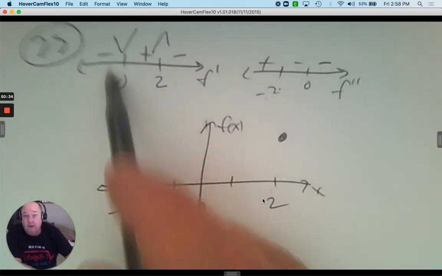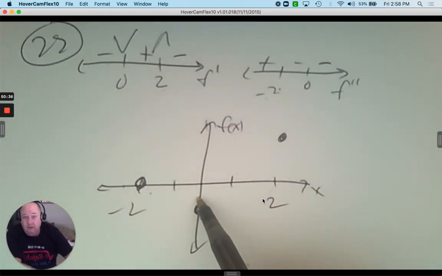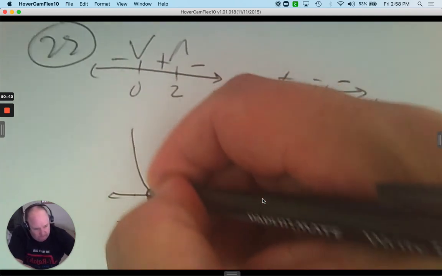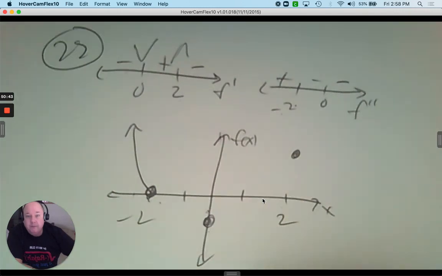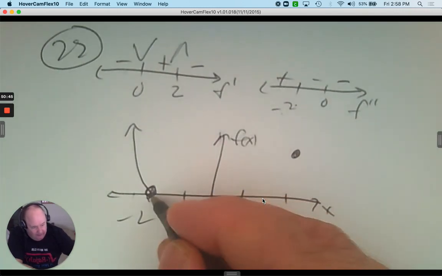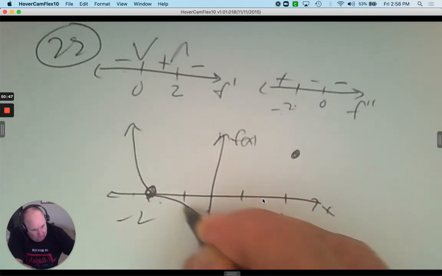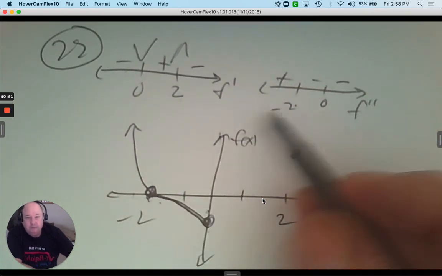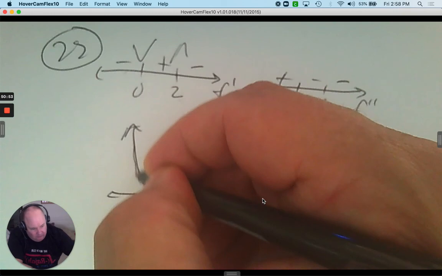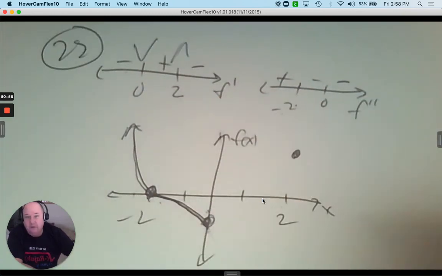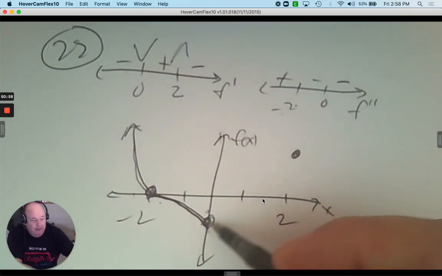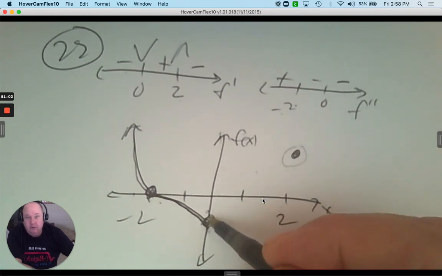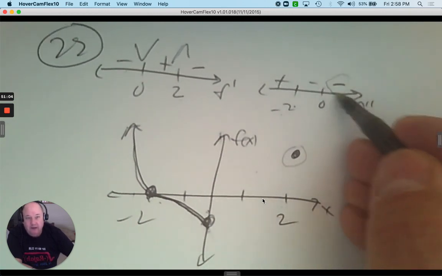First of all, it is decreasing to 0. So first it decreases with a smile, and then it decreases with a frown. After 0, it increases up to 2. So from 0 to 2, how do I connect it?